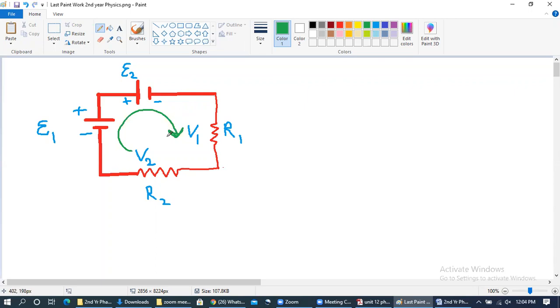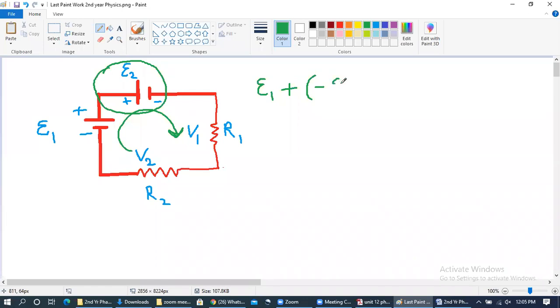It depends on yourself. Anyhow, if we are considering the current flowing in the clockwise direction, then epsilon 1 battery is actually trying to move the current in the clockwise direction. Therefore epsilon 1, and then the next thing is epsilon 2, battery 2, which is going to be added into this situation, but battery 2 is actually opposing.